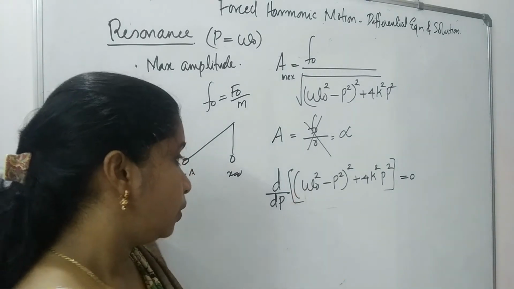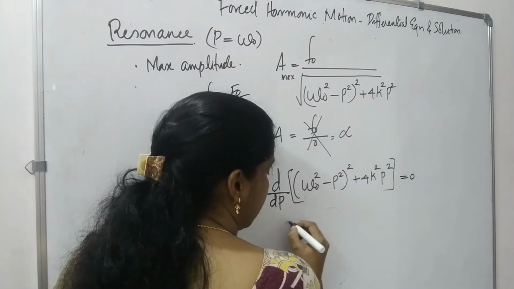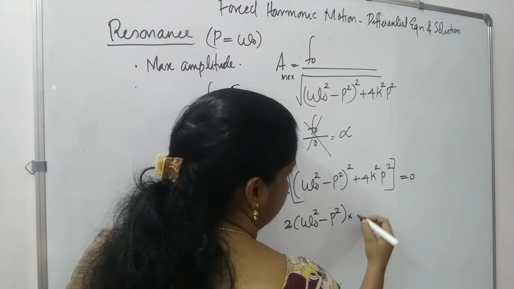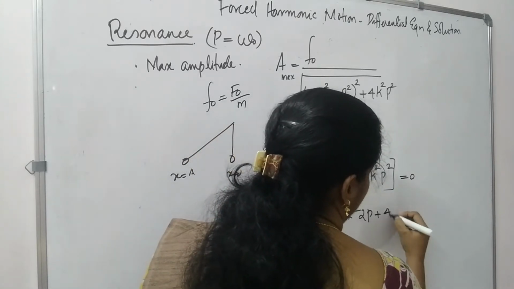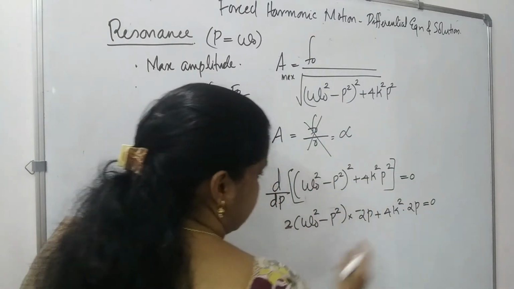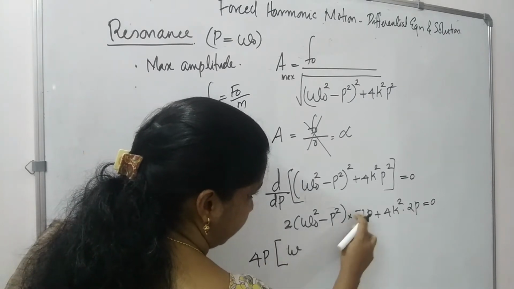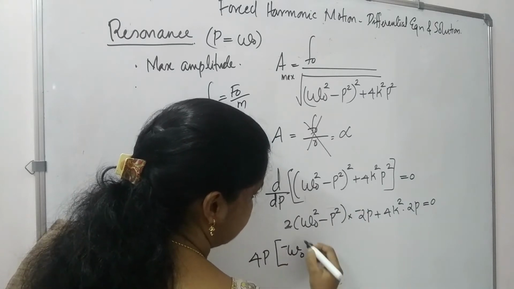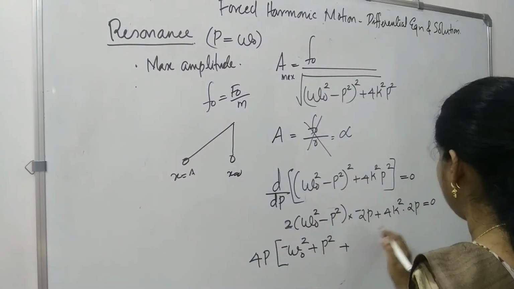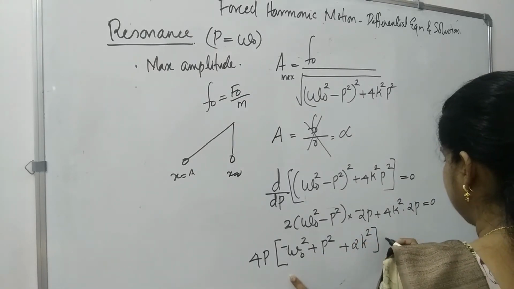So we differentiate this denominator. We get 2 into (omega 0 square minus p square) into minus 2p, plus 4k square into 2p, equal to 0. From this we can take 4p as a common factor. So we get 4p times (minus omega 0 square plus p square plus 2k square) equal to 0.